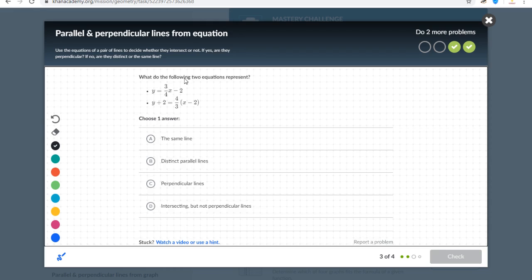This one's already nice and simplified for us, so don't really need to do much with it. So let's use the distributive property on this one. So we're going to have 4 over 3 x. So 4/3 times negative 2 is going to give us negative 8 over 3.